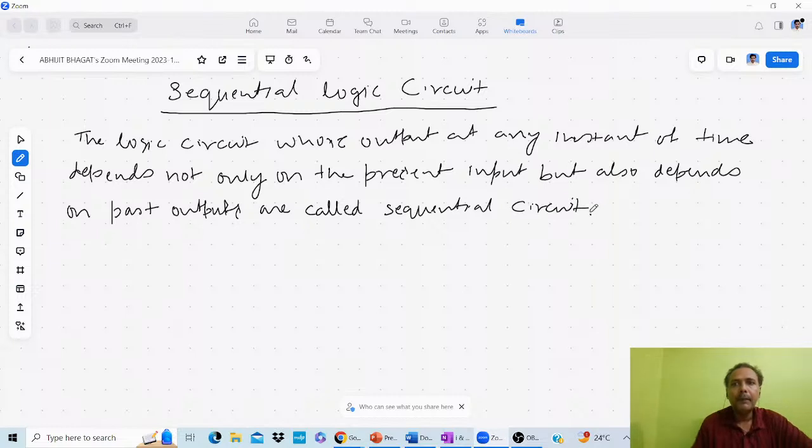So this is the definition. Here your output is not only dependent on the present input, but also on the past output.